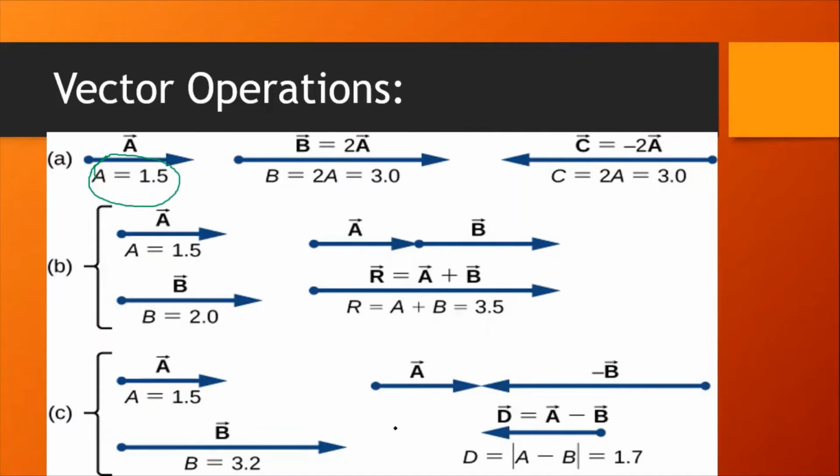I have to subtract here: vector A minus vector B. The direction of vector B will be changed, and when its direction changes, the magnitude will remain the same but its sign will change, minus B. So D equals vector A minus vector B. The modulus of A minus B equals 3.2 minus 1.5, which becomes 1.7. So this is the way to add or subtract vectors. This is called vector operations, and you have to do vector operations like this.